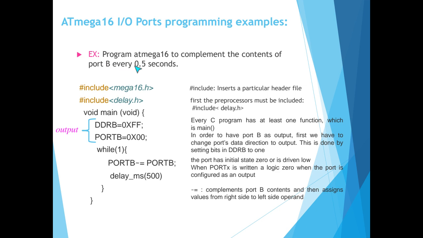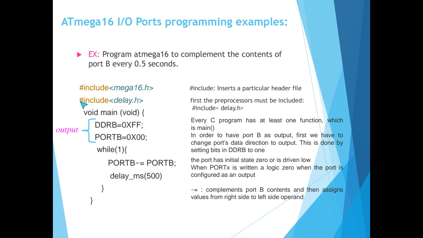Because in our programming we need to have a delay, and our delay is equal to 0.5 seconds or half of a second, we need to have the preprocessor related to the header file of delay.